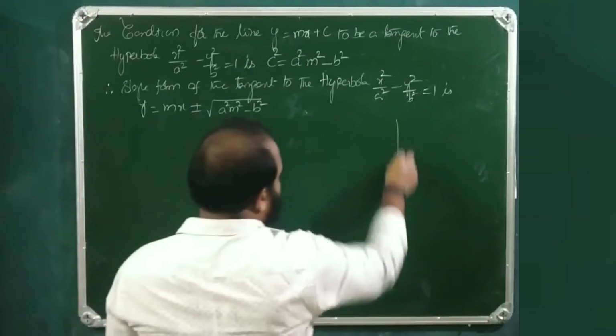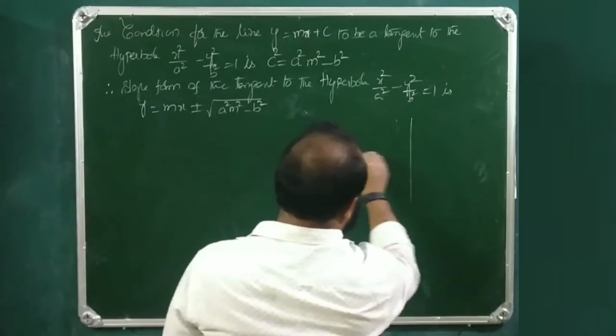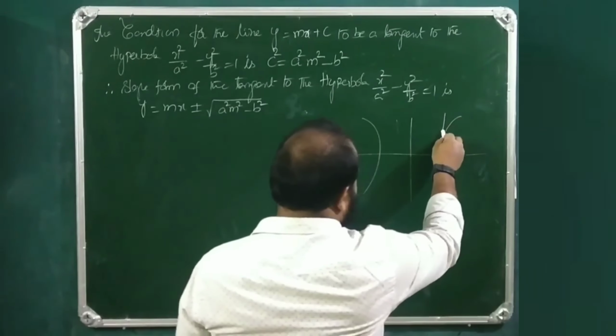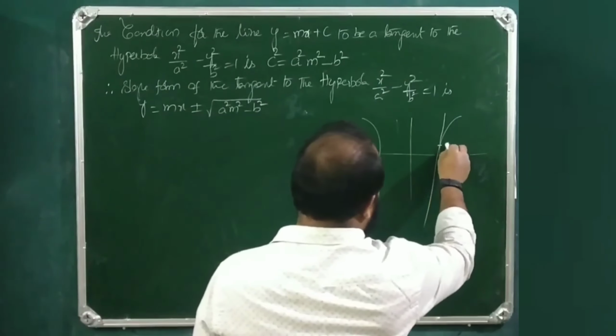So this is the hyperbola. Let us suppose that this is the tangent at this point P x1 y1.